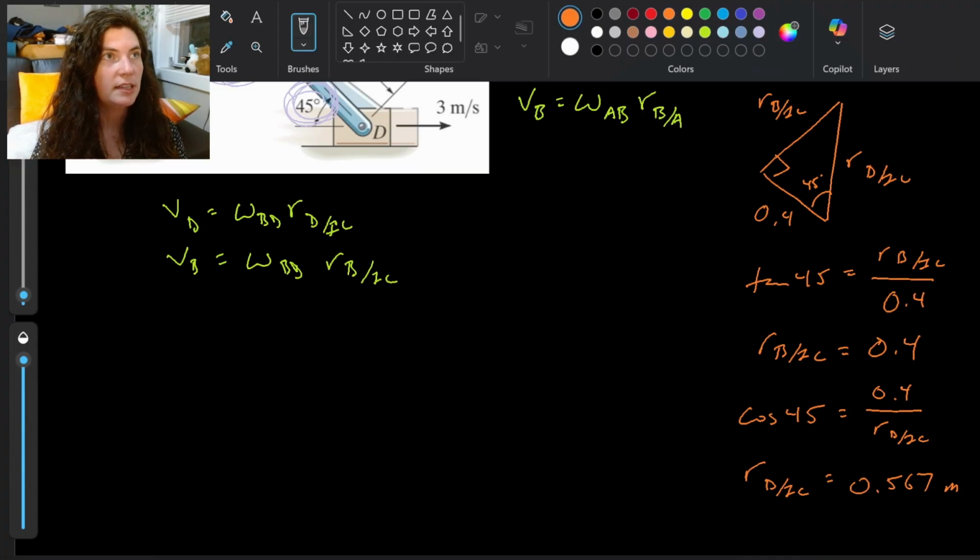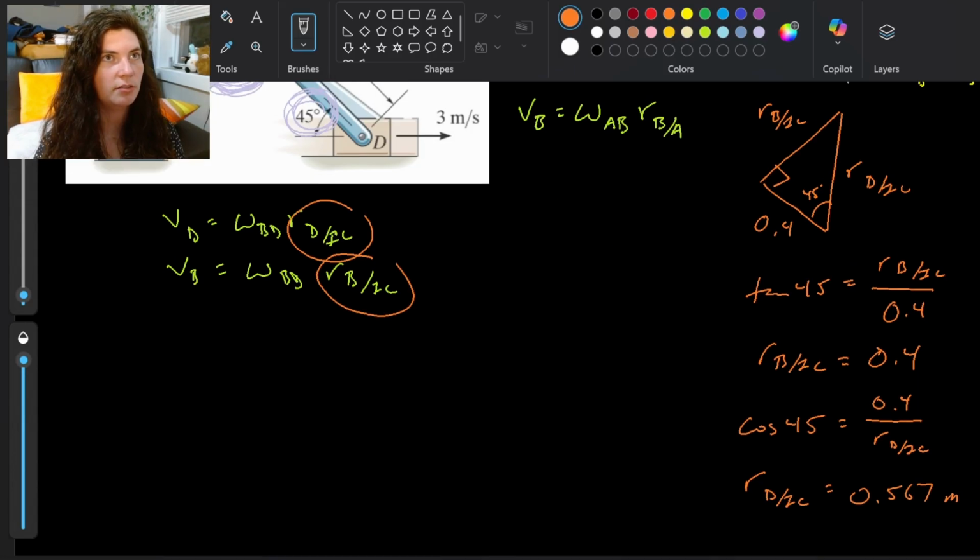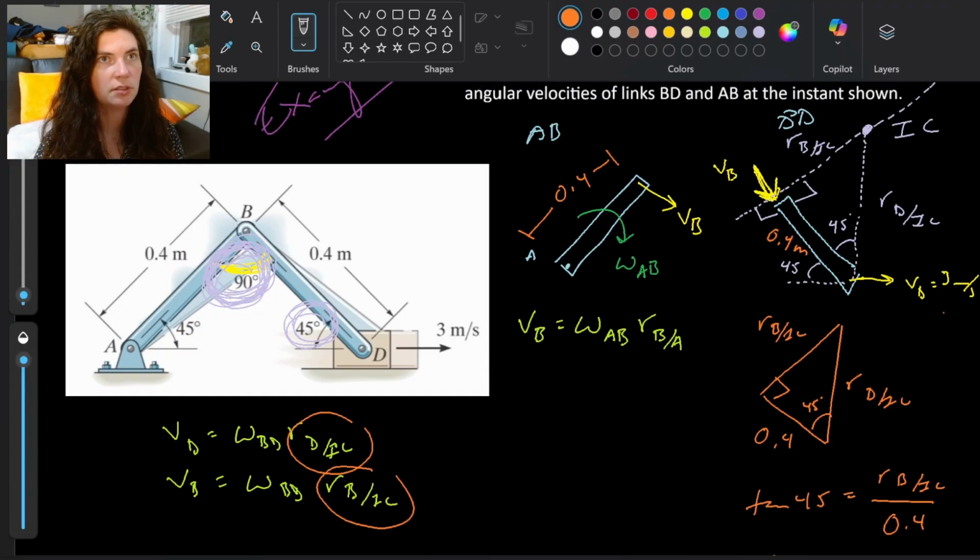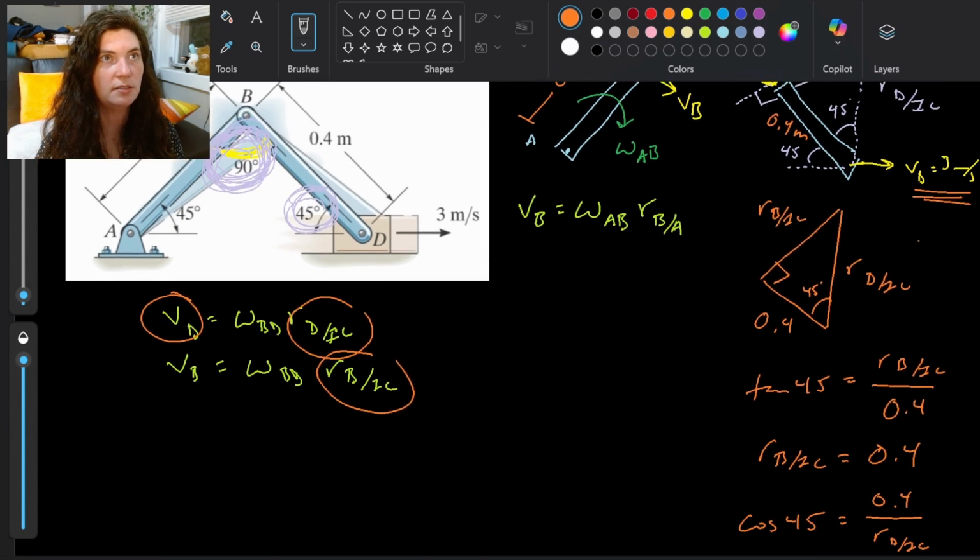Which is great, because now I have these values for my equations. And what else do I have? I have V_D, they gave me V_D. So since I have V_D, I can solve for omega_BD.